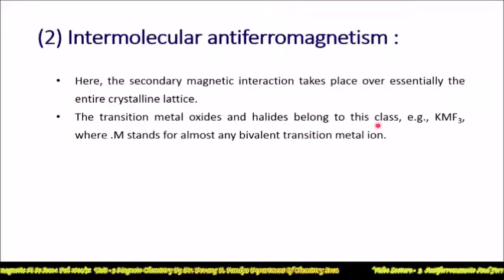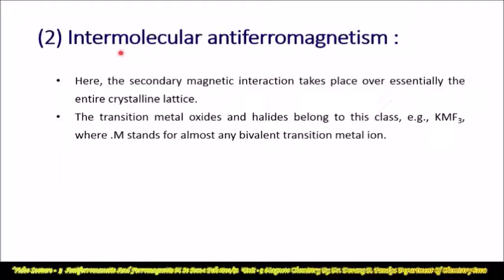As for example, KMF3, where M stands for almost any bivalent transition metal ion. So the potassium fluoride complex of any bivalent transition metal ion is going to demonstrate intermolecular antiferromagnetism.